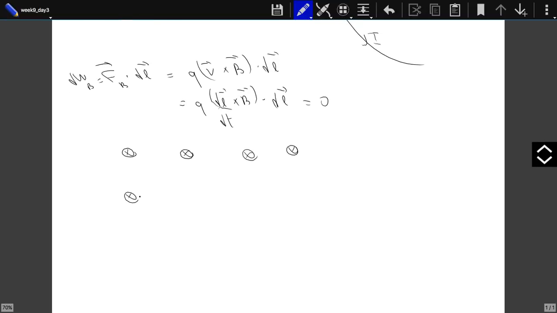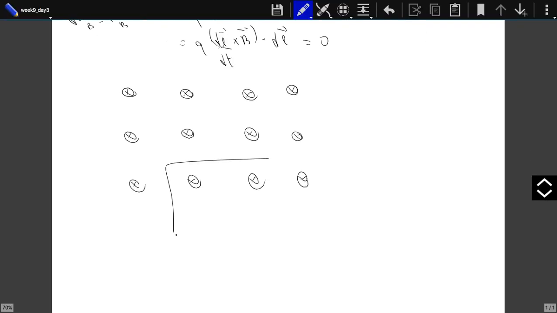where we have this uniform magnetic field parallel to the ground, or perpendicular to g. We attach a circuit such that half of the circuit is in the region of magnetic field, the other part is out of the magnetic field, and we hang a weight and send a current through this circuit.